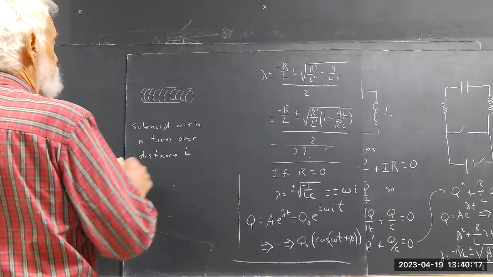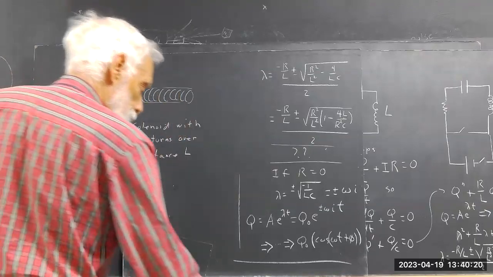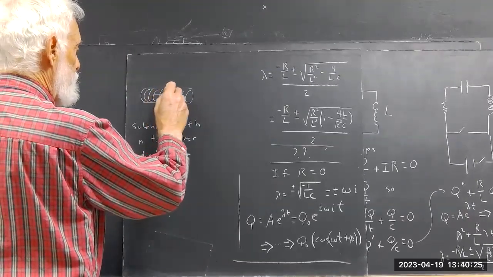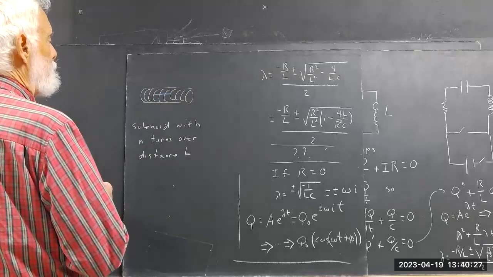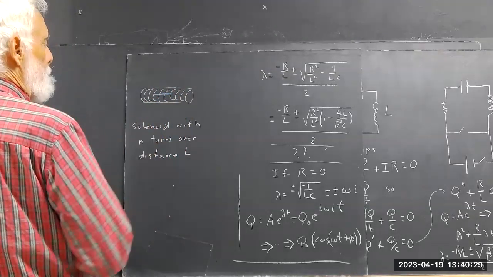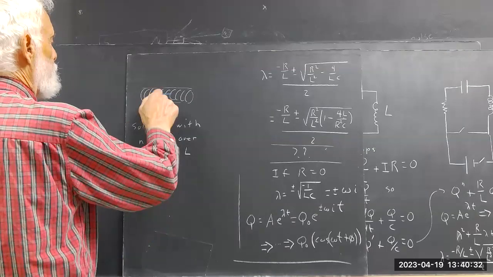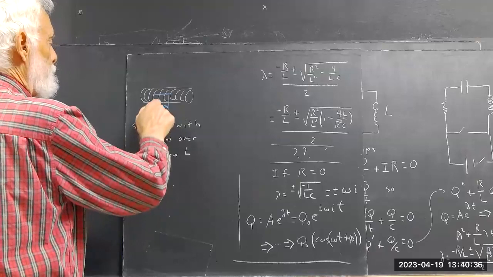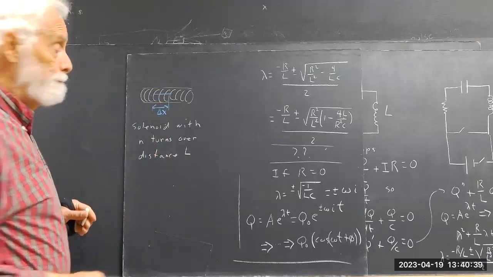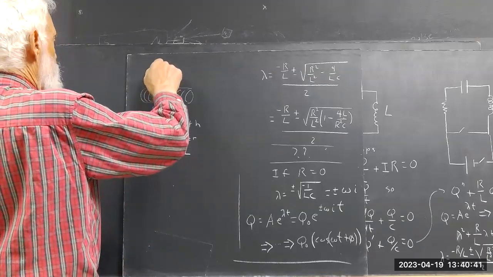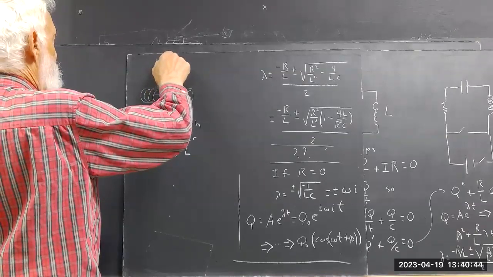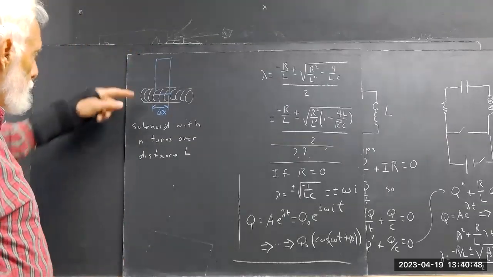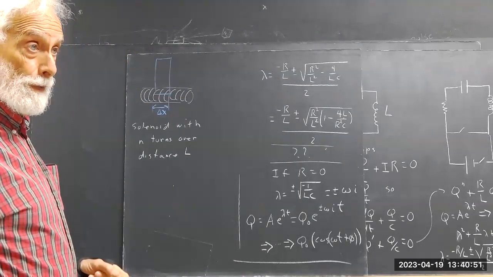Okay. So we do, and we've done this before. We got some length here. We call this distance delta x. Now it's understood that we have a rectangular path through the interior of the solenoid here.